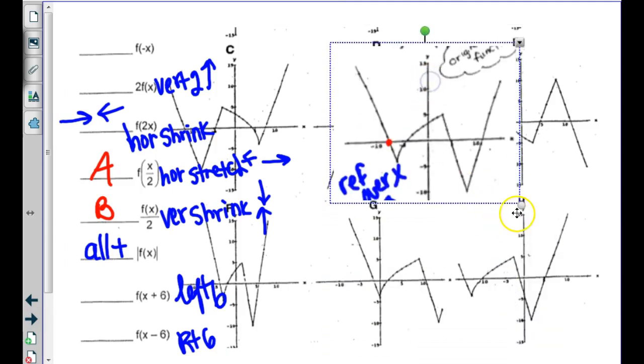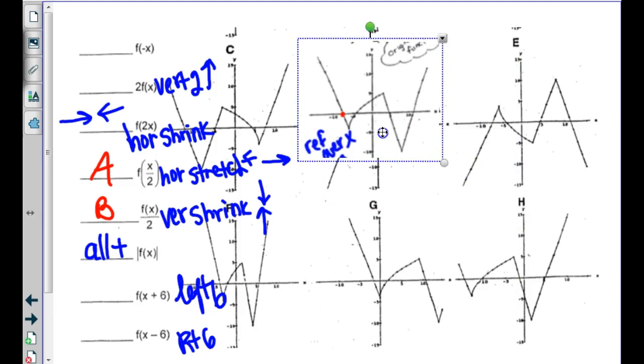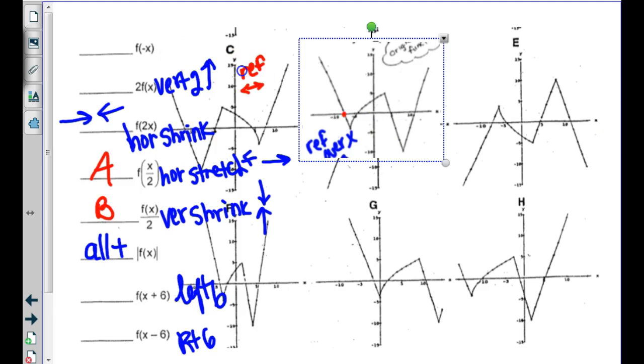So here's my parent function. This one has been reflected over the y-axis, reflected left to right. So that would be the negative inside. So that would be this guy.